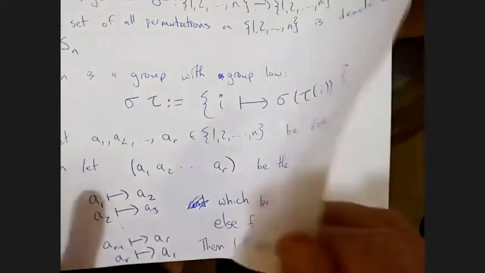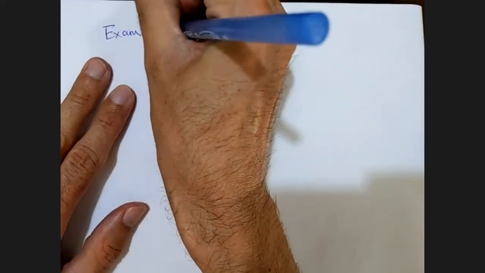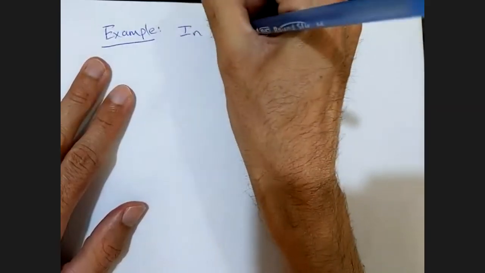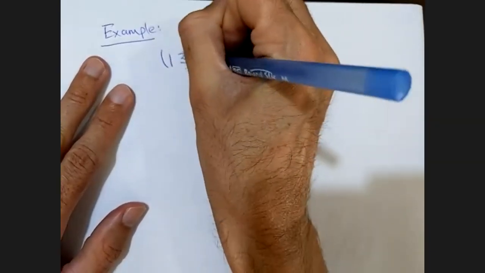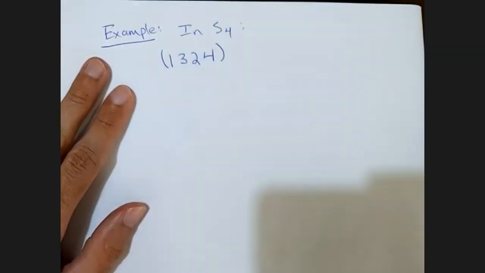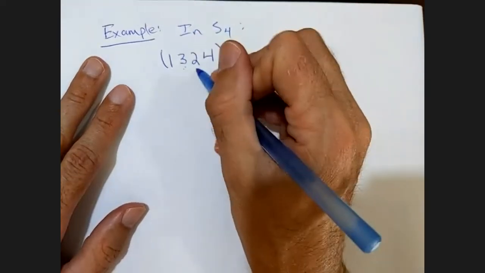For example, let's work in S4. We have the 4-cycle (1 3 2 4). This is the permutation which sends 1 to 3, 3 to 2, 2 to 4, and 4 to 1.